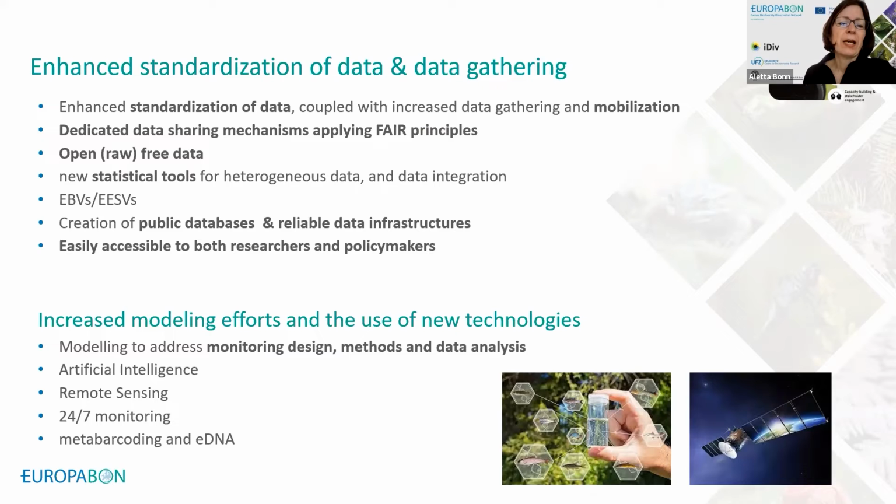And here we can use new statistical tools for heterogeneous data. It's now possible to combine, for example, citizen science data, which form actually a bulk of the data, with other standardized monitoring. We are coming to EBVs and ESVs in parts of the next slides.